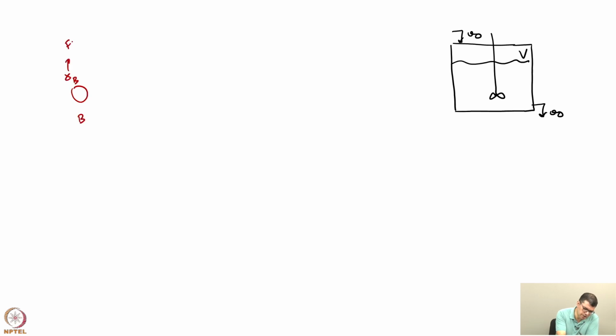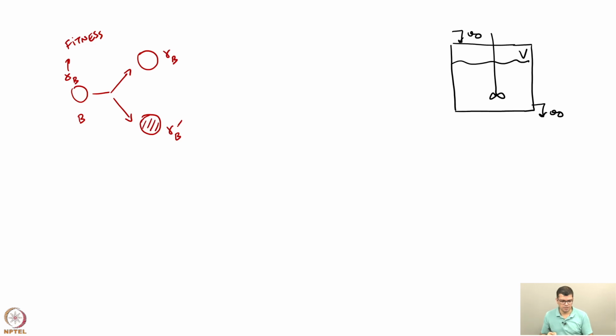So this is its fitness, and post division it gives rise to two individuals. One of them is carrying a mutation. So one progeny is growing at the parent's growth rate RB, while the other one is growing at RB dash.